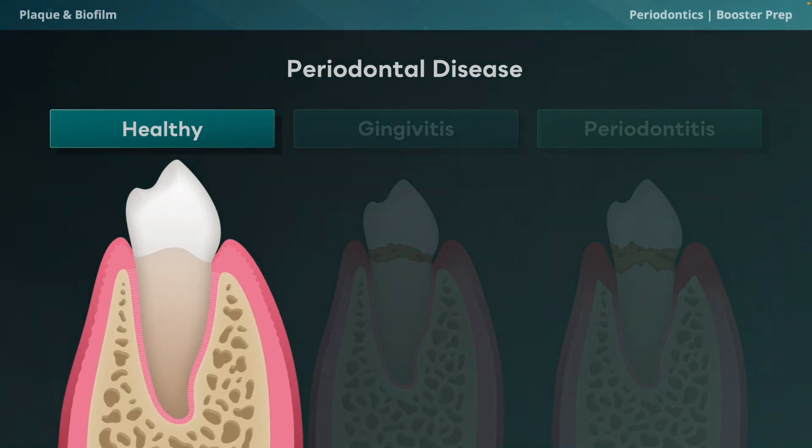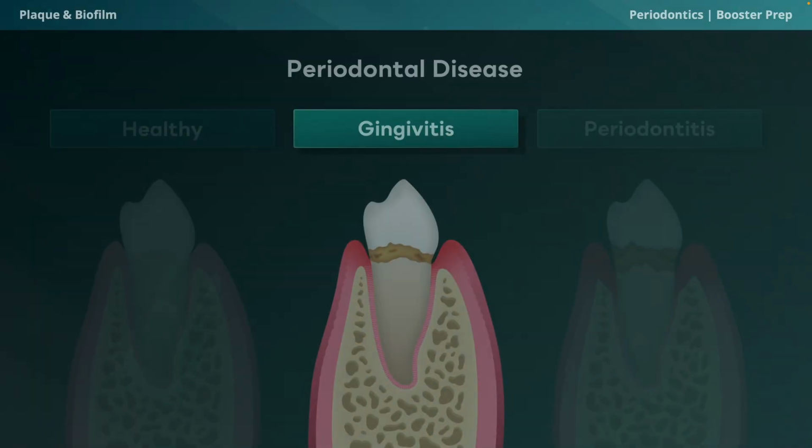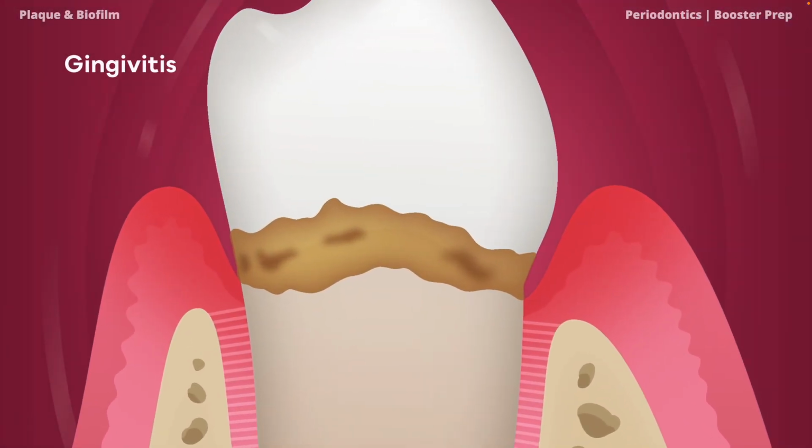We'll start off with the healthy state. Here, the sulcus mainly contains aerobic gram-positive bacteria. They're part of the normal microbiome, and they help keep the gums healthy. Easy peasy. Now let's zoom in to the gingivitis state. So as plaque builds up, the oxygen levels drop in the gingival sulcus.